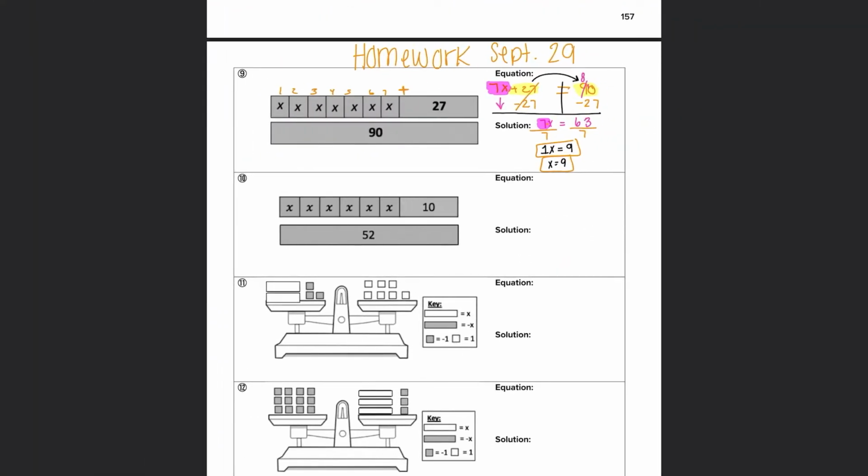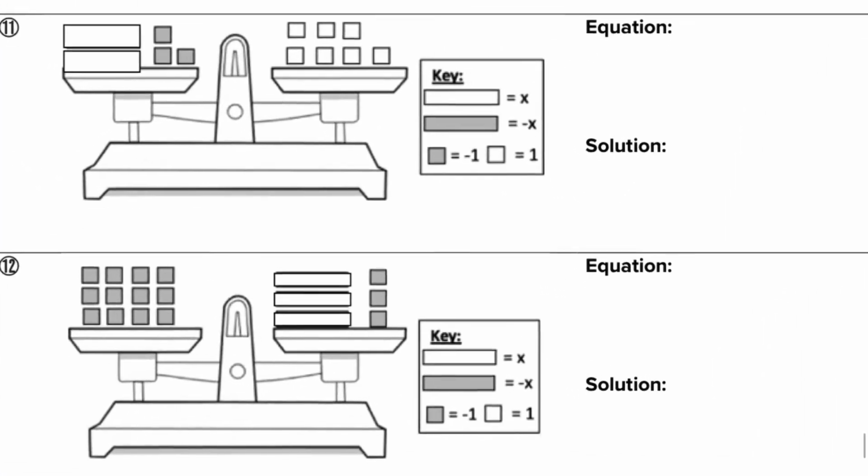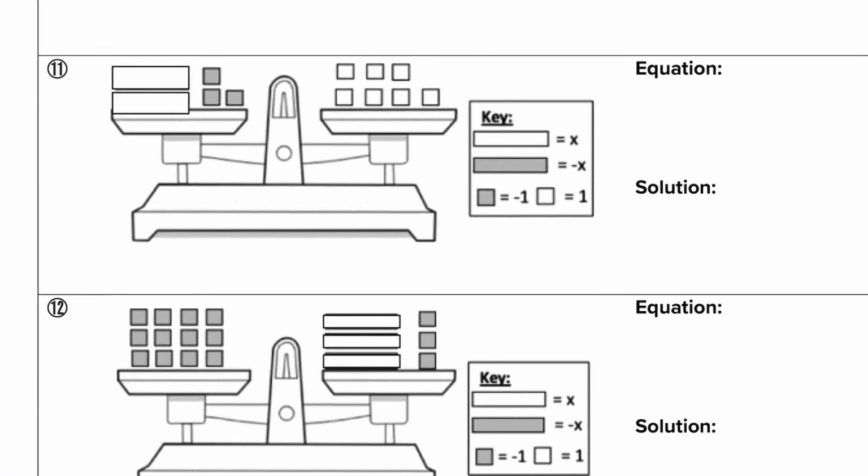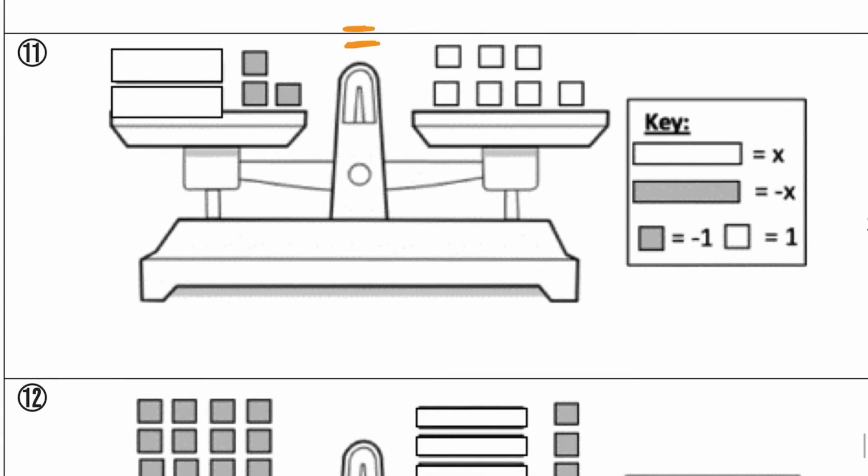I'm going to help you all with one more, which is number 11. So number 11, again, same steps. You're trying to create an equation which has an equal sign. First, you got to look at your key.